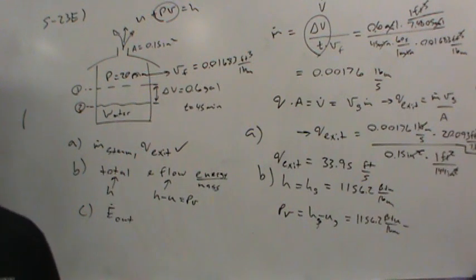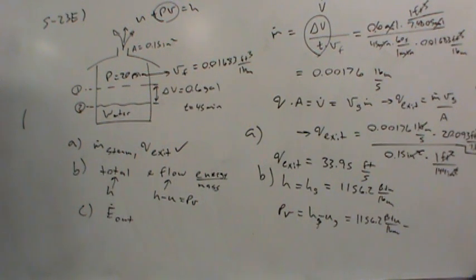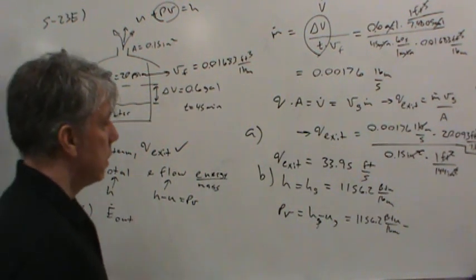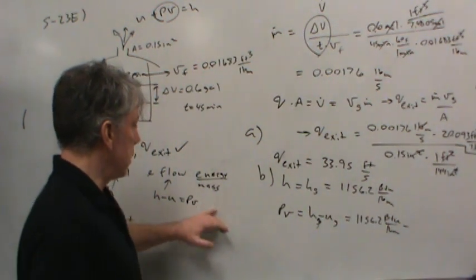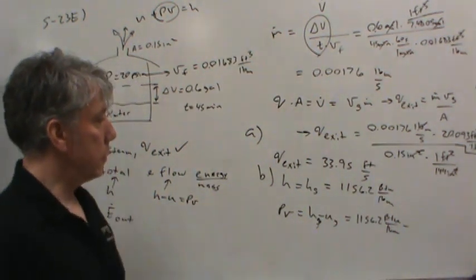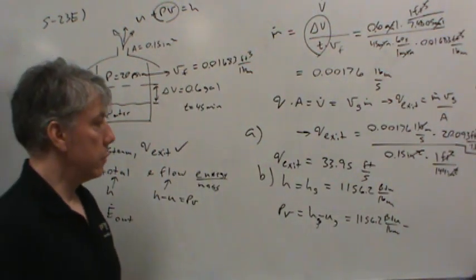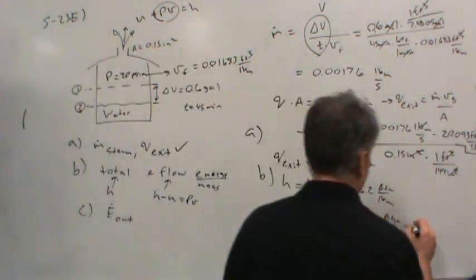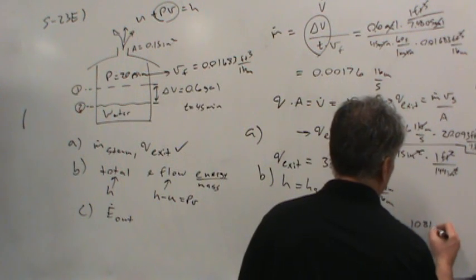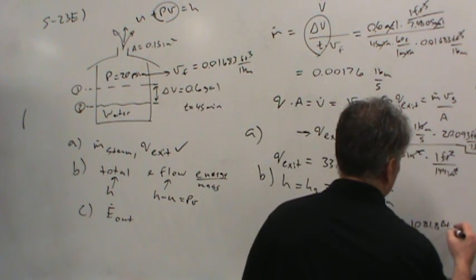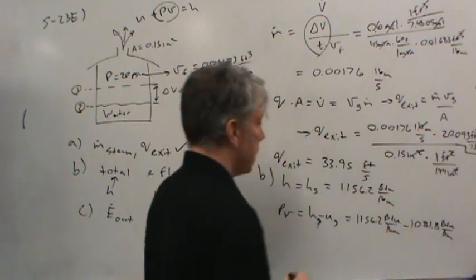Believe it or not, we're almost done. 1081.8 BTU per pound. Thank you. Take the difference between those two.